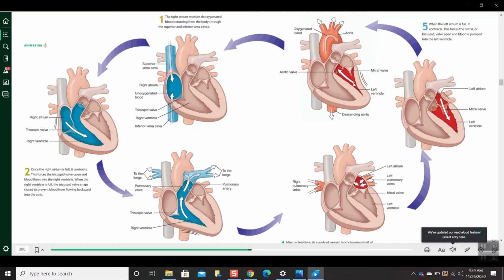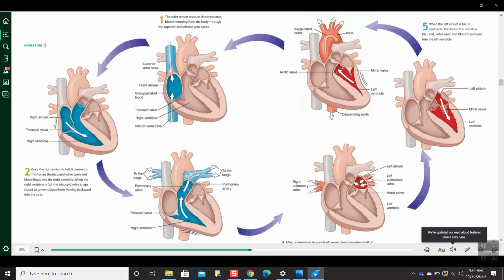And then you're going from the left ventricle through the aortic valve to the aorta. And then it goes out to the body. You can see it's oxygenated.